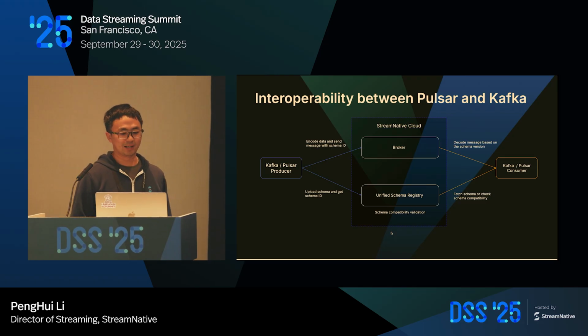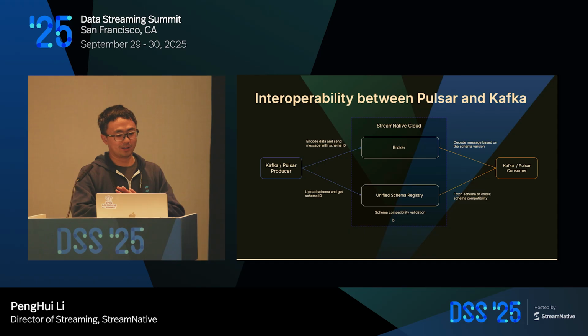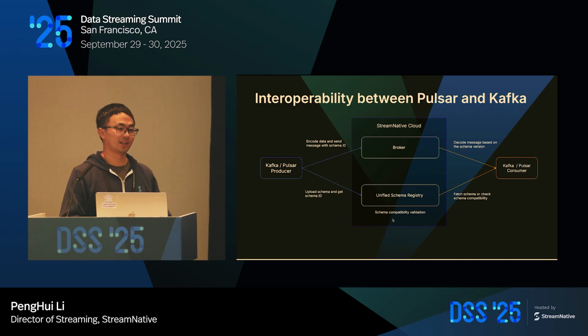But there are also people who like the Pulsar API because it has more subscription models, individual acknowledgement, geo-replication, and other features. But if we set all the features aside, it's just data and the data format, which means schema registry. For Lakehouse integration, we only care about the data format and the schema. We don't care what type of subscription you use, right? That is why we have this.